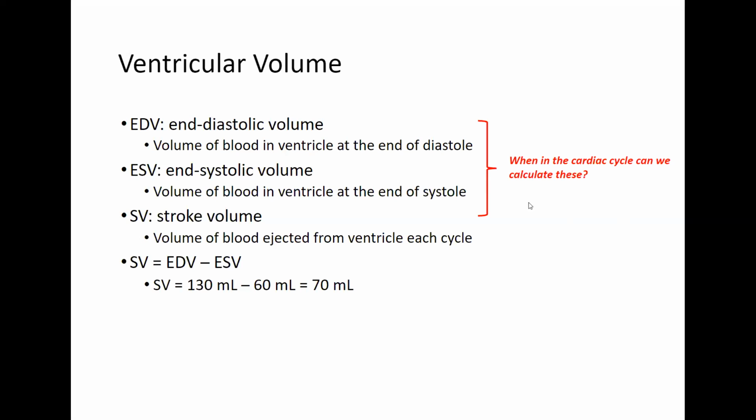So we're going to refer to two values of that blood that's kind of left. So we have our end diastolic volume. This is the volume of blood in the ventricle at the end of diastole. Now remember, diastole is our relaxed ventricle, right?